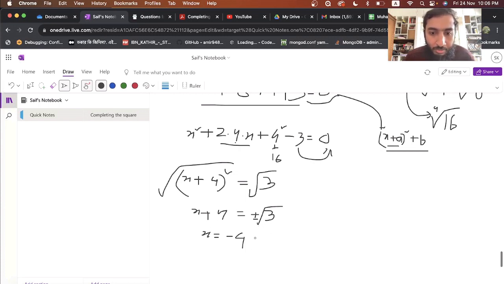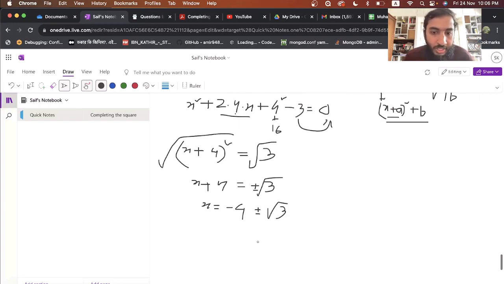So x would be minus 4 plus minus root 3, which can be written as minus 4 plus root 3, or minus 4 minus root 3.